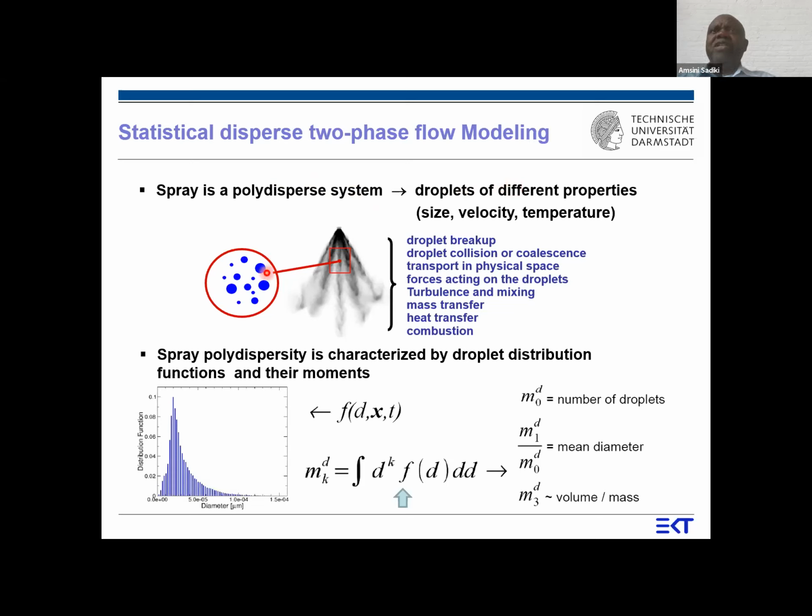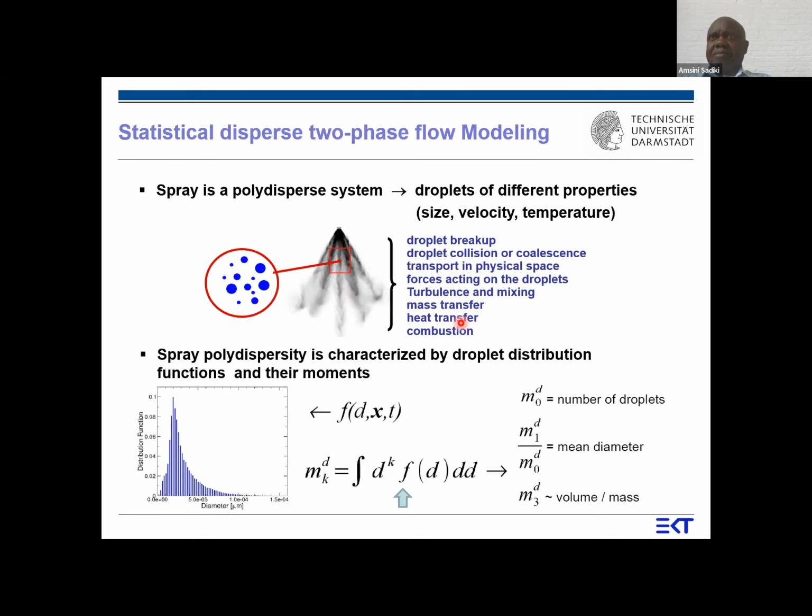And as we have seen yesterday, to describe this structure or composition, we need to deal with different processes like droplet breakup, droplet collision or coalescence, transport in physical space, the forces acting on the droplets to make them move, turbulence and mixing, mass transfer, heat transfer and combustion.